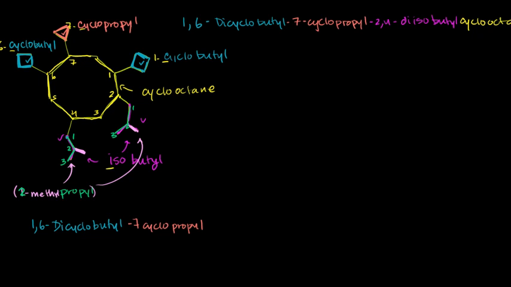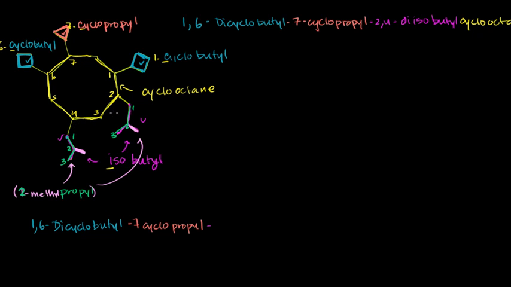And then you have, now this is interesting, you have 2 of these guys, right? Now you don't say di when you have this kind of more complex naming or the systematic naming. Instead you use the word bis. So we have bis, so let me write it.